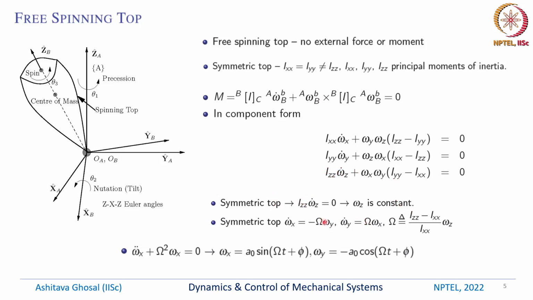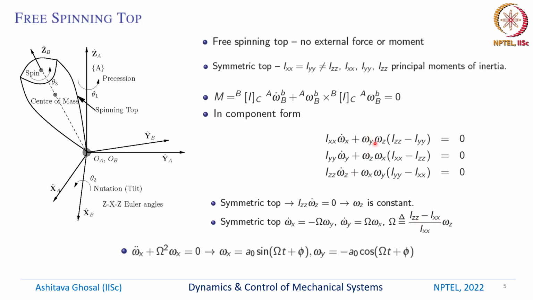And then if omega z is constant, we can see that omega x dot will be equal to minus some other constant capital omega into omega y, and omega y dot will be this capital omega into omega x, where this capital omega is Izz minus Ixx divided by Ixx.